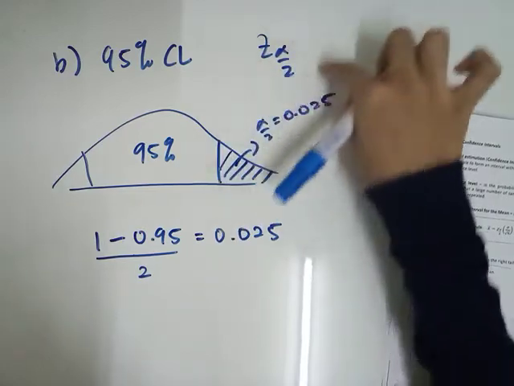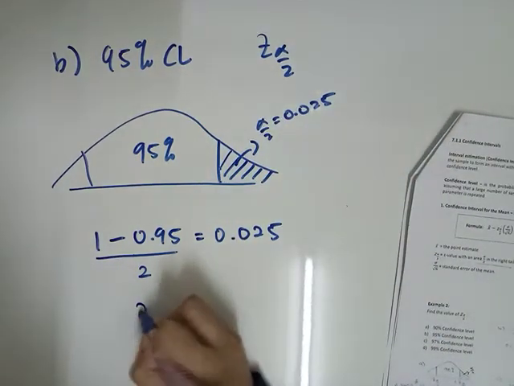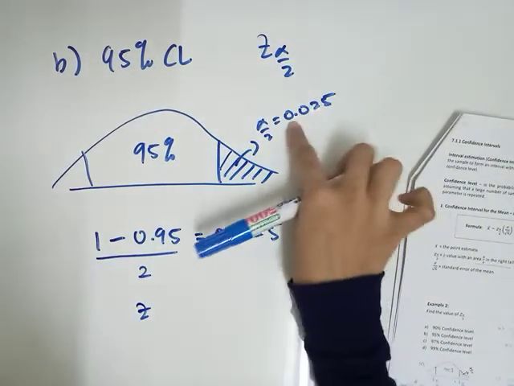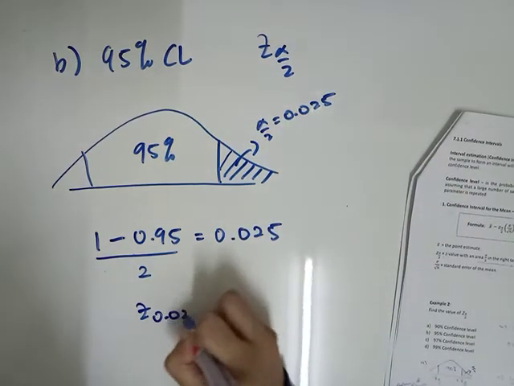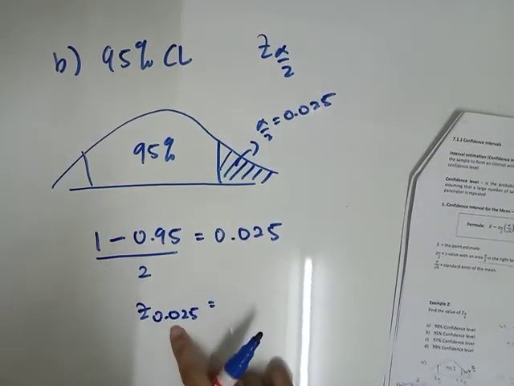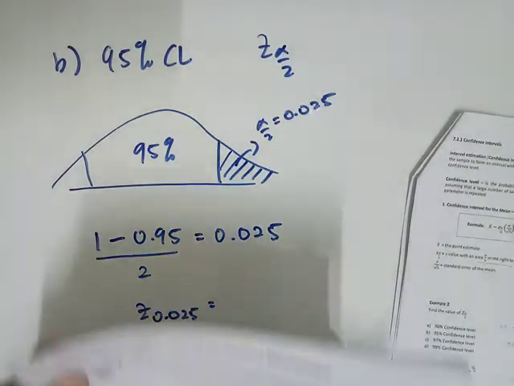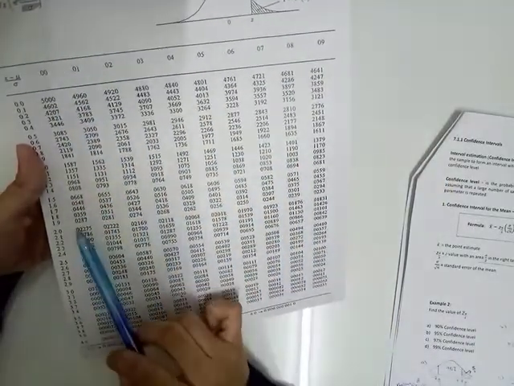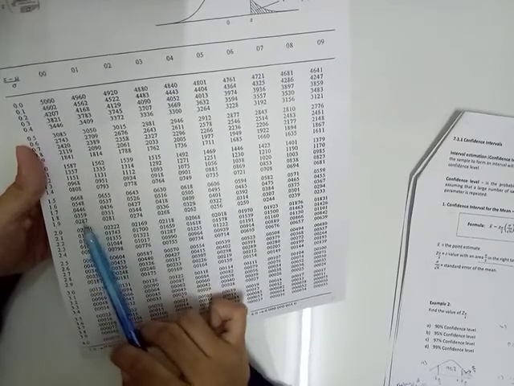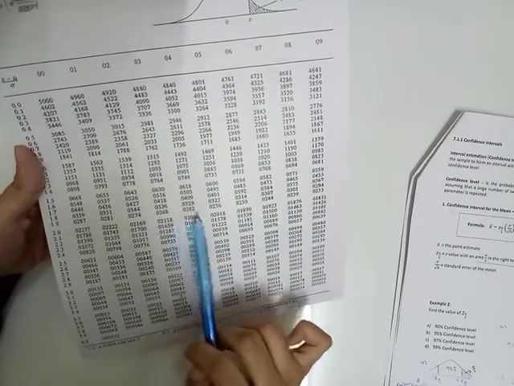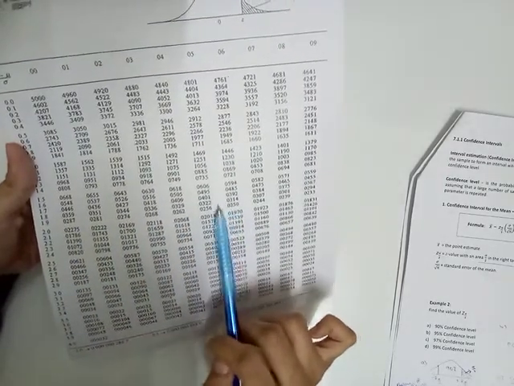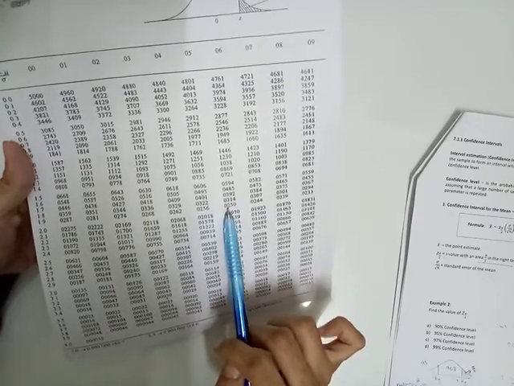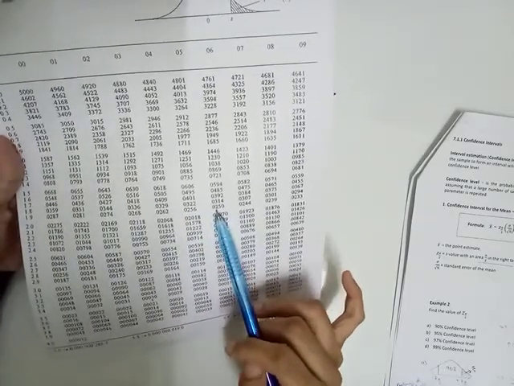To get the z value alpha over 2, we know that it is 0.025. So the z value for probability 0.025. You have to find 0.025 in the table. The closest one, 0.025, is 1.96.